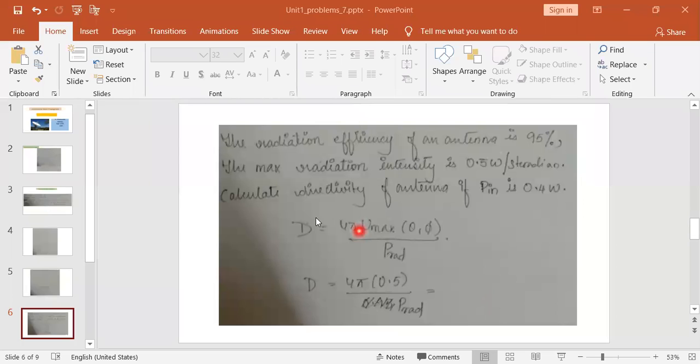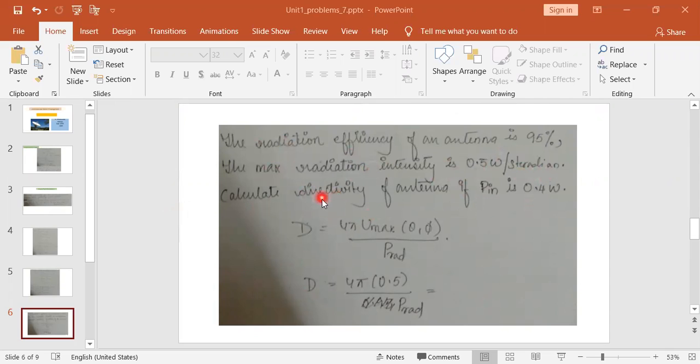Next problem is we have to calculate directivity. Here in this problem, radiation efficiency of an antenna is 95% and radiation intensity U max is 0.5 watts per steradian and P in is also given.